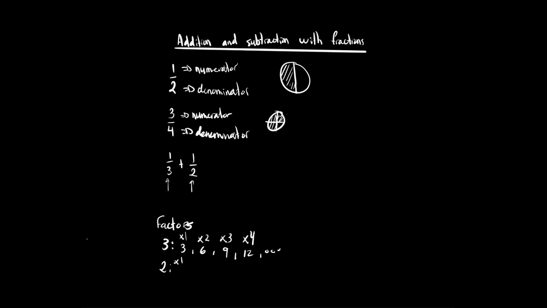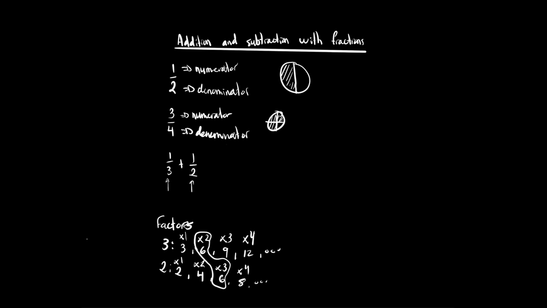So times 1 equals 2, times 2 equals 4, times 3 equals 6, times 4 equals 8, and so on. Now that we have found the factors, I said at the beginning we need to find the common factor. So we need to find the factor that is both in the factors of 3 and the factors of 2. So in this case, it is the 6.